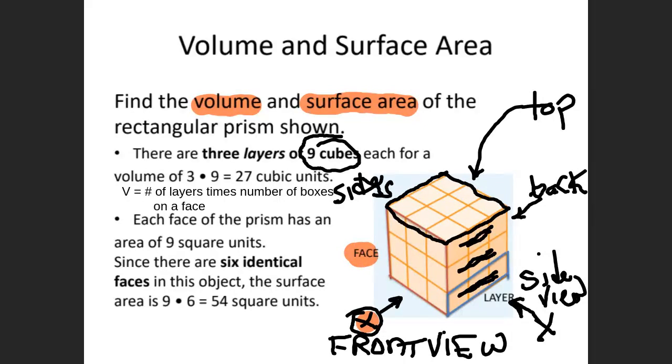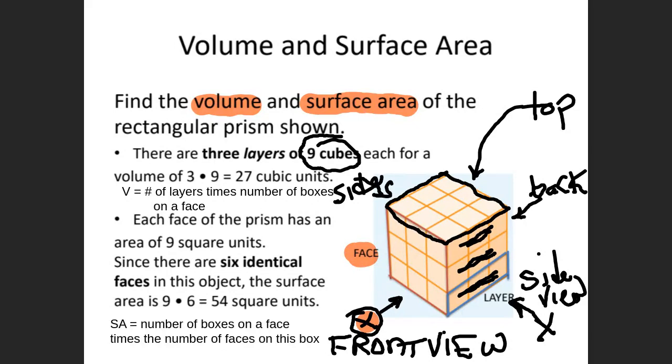The surface area, and they sometimes call it capital SA, is equal to the number of boxes on a face times the number of faces on this box.